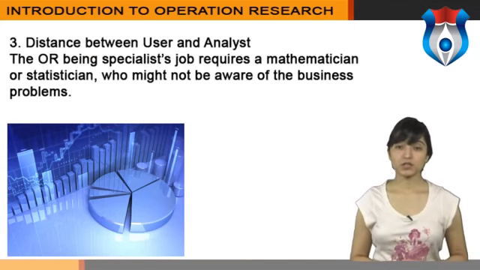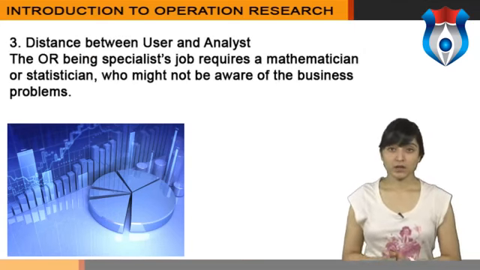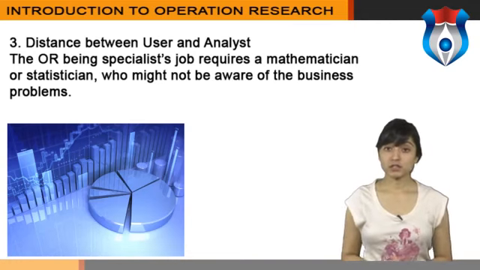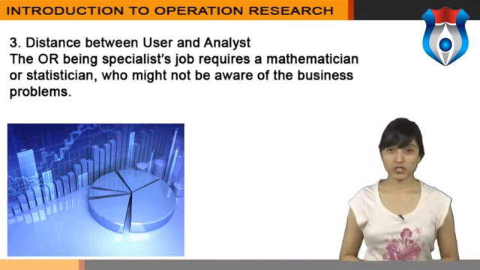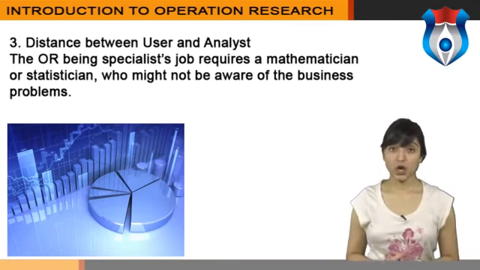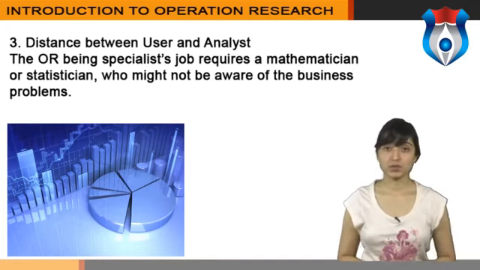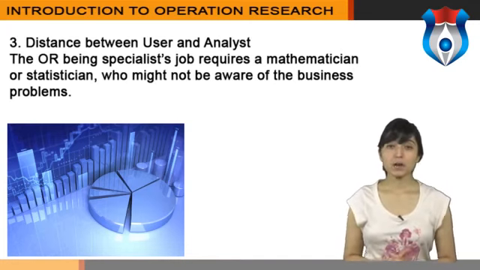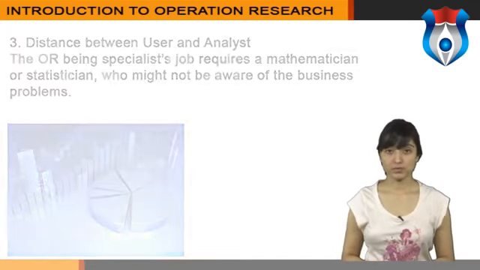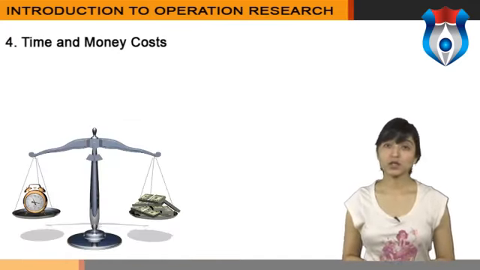Distance between user and analyst. The OR, being a specialist's job, requires a mathematician or statistician who might not be aware of business problems. Similarly, a manager fails to understand the complex working of OR. Time and money costs.